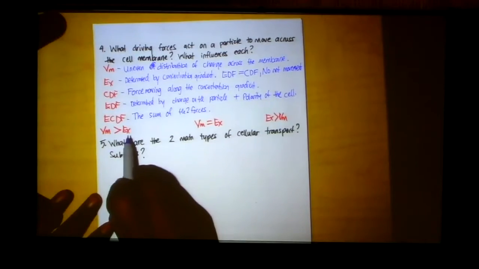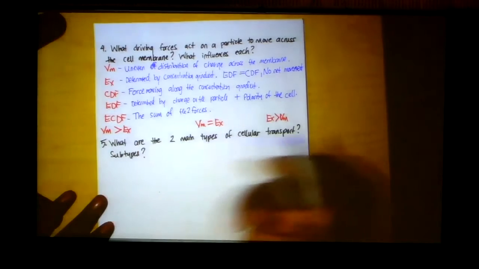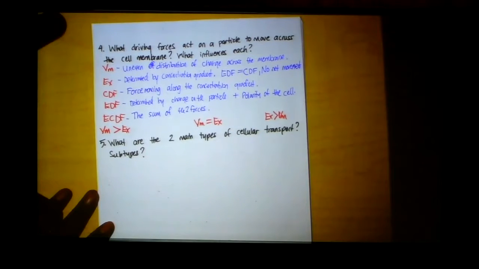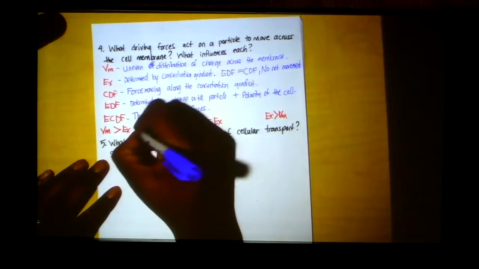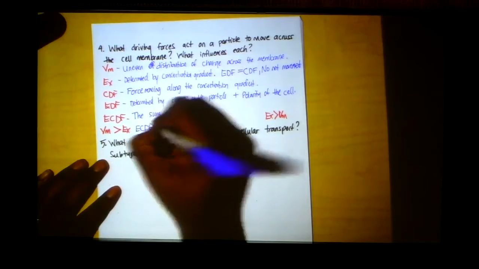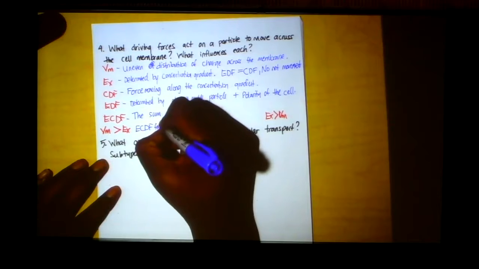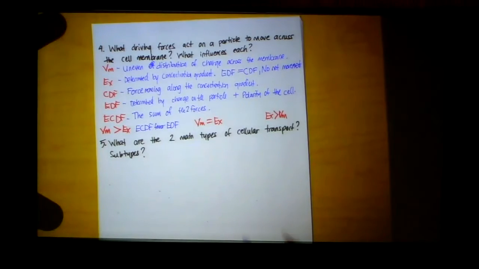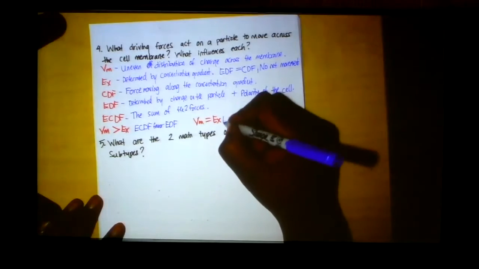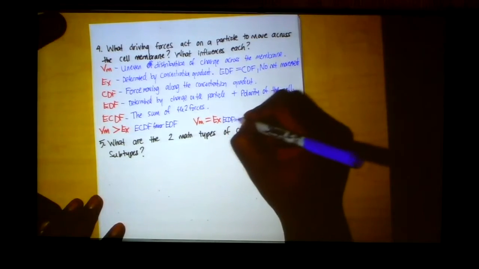So if our membrane potential is greater than our equilibrium potential, what's the direction of our electrochemical driving force? Perfect, right? So the electrochemical driving force will favor the electrical driving force, okay? What about if they're equal? No movement, right? This is 0, no movement.